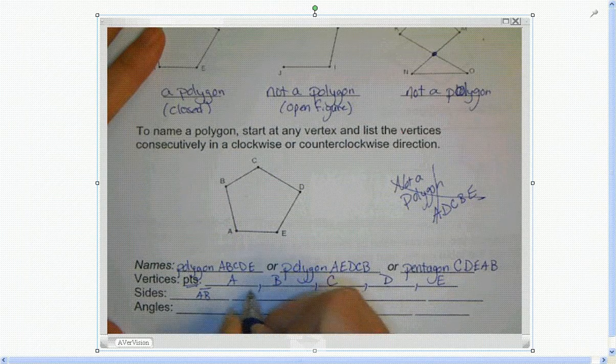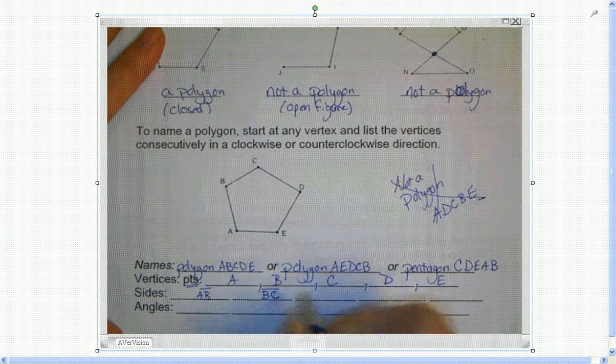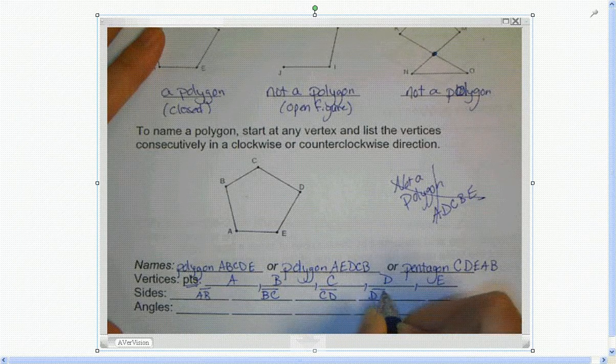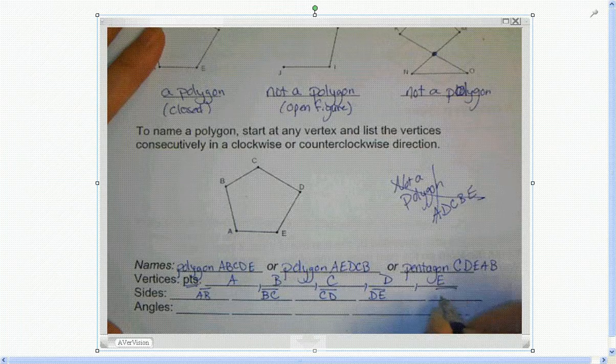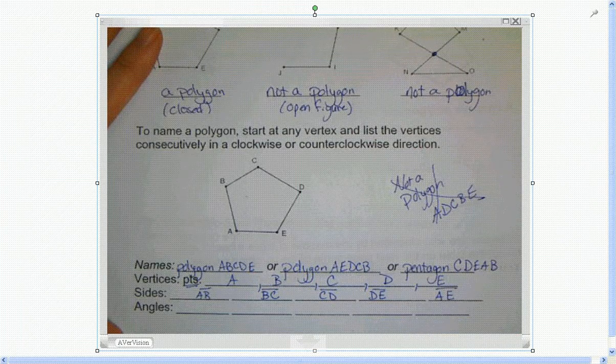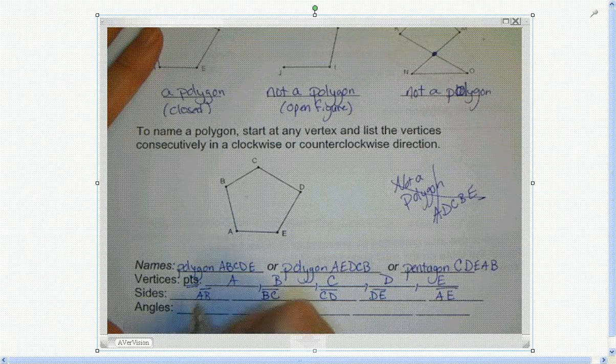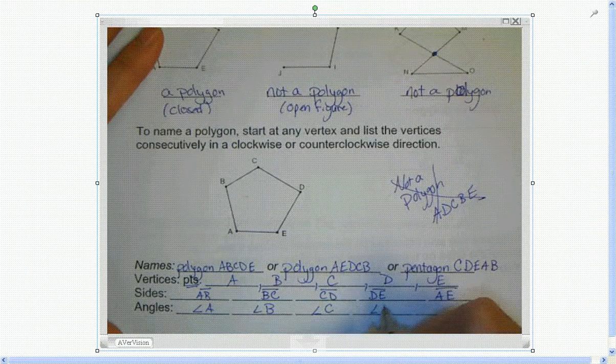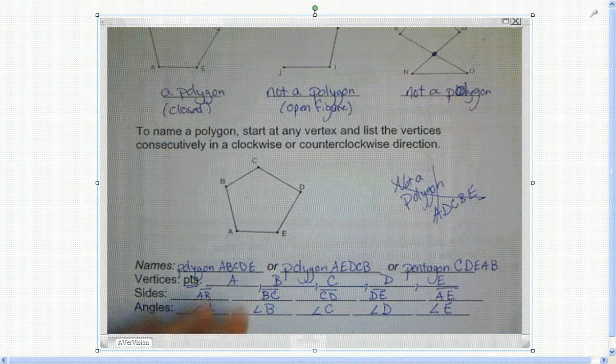So segment AB, segment BC, segment CD, segment DE, segment AE. You better have 5 sides because it's a 5-sided polygon. Also, then we have our angles. We have angle A, angle B, angle C, angle D, and angle E. So we can name all of those.